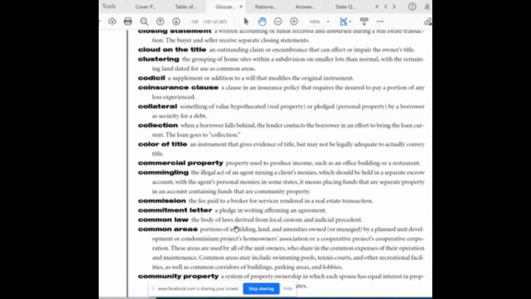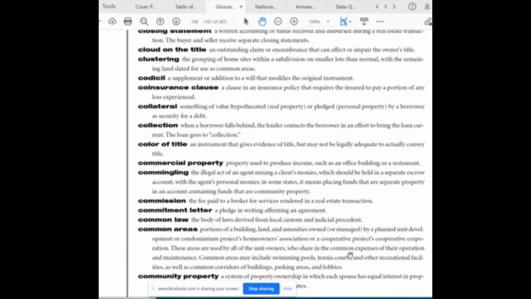Common law, the body of laws derived from local custom and judicial precedent. Common areas, portions of a building, land, and amenities owned or managed by a planned unit development, PUD, P-U-D, that's what it stands for, planned unit development, or condominium projects homeowners association, which we know as HOA, or POA, Property Owner Association, or a cooperative projects, cooperative corporation.